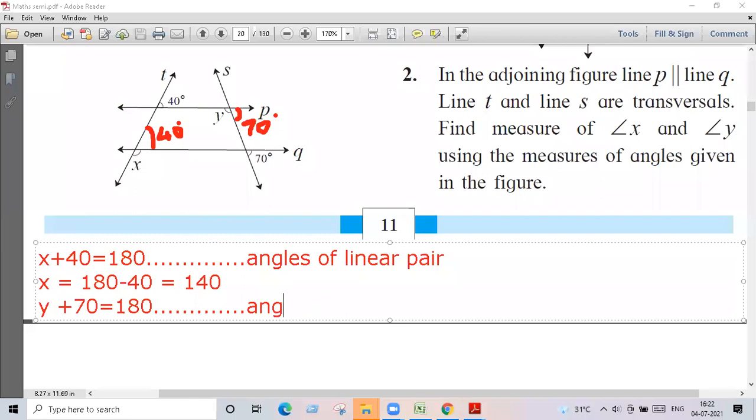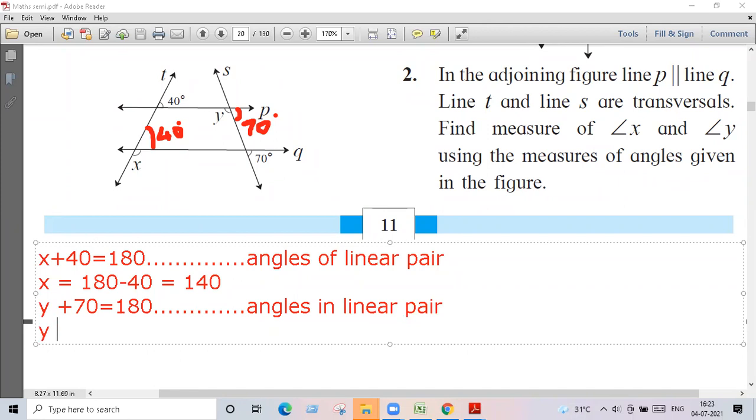Sorry, spelling mistake. Therefore, y is also equal to 180 minus 70. 180 minus 70.